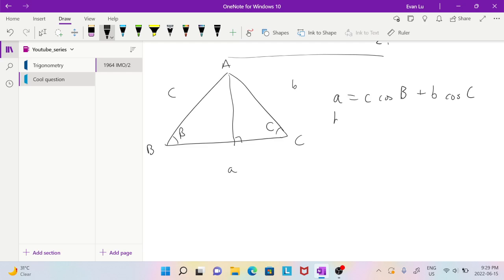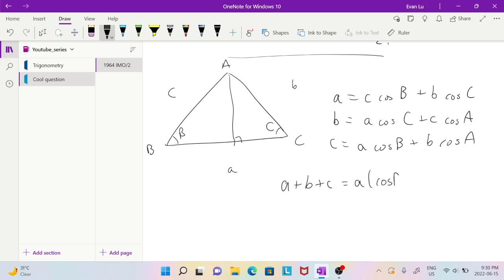So we can say that b is equal to a cos C plus c cos A. And c is equal to a cos B plus b cos A. So now if we add up each of these, we will get that a plus b plus c is equal to a times cos B plus cos C plus b times cos A plus cos C plus c times cos A plus cos B.